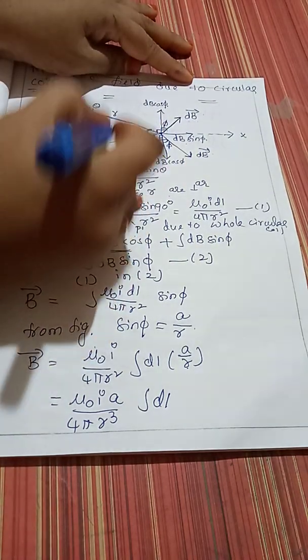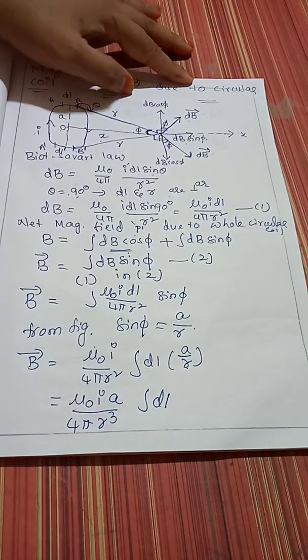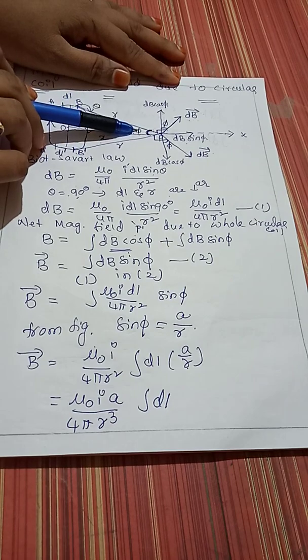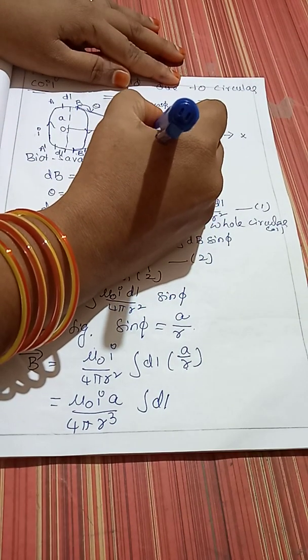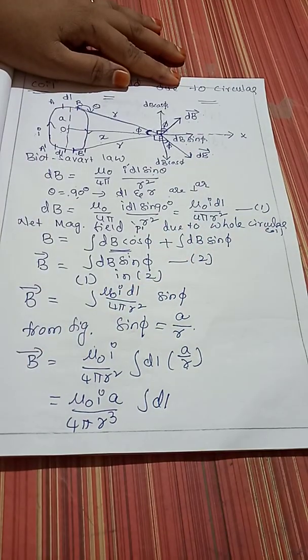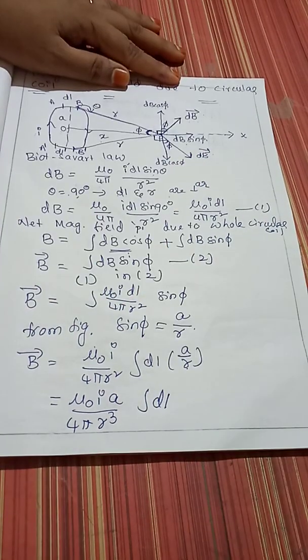Here this is the angle phi, and then this other angle becomes 90 minus phi.